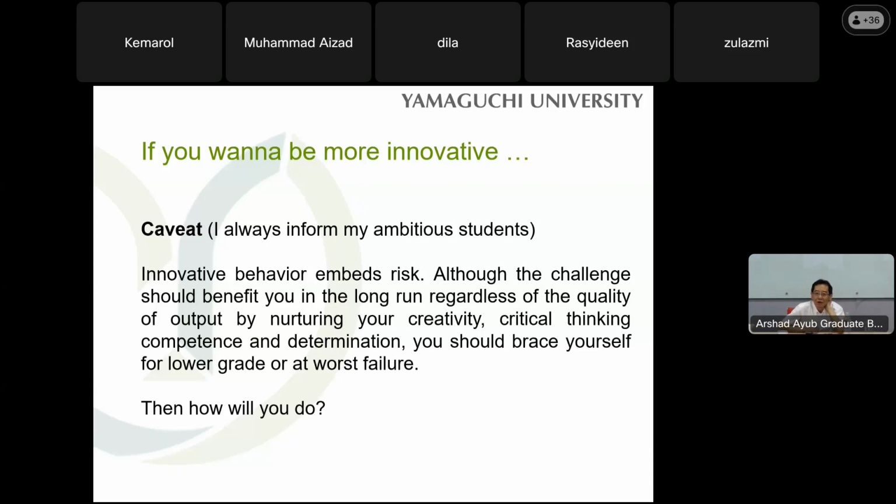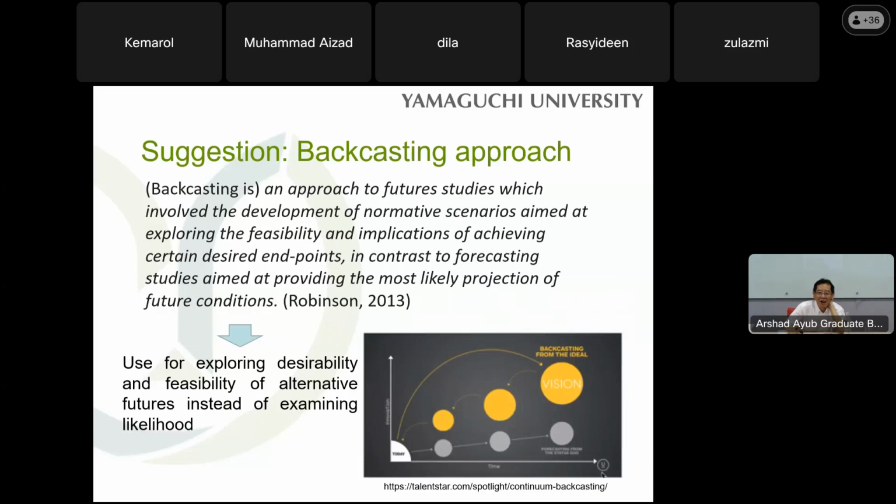But if you want to be more innovative, you have to brace for risk. And provided that, if you nevertheless determine to try a more innovative research topic, I can suggest the backcasting approach.